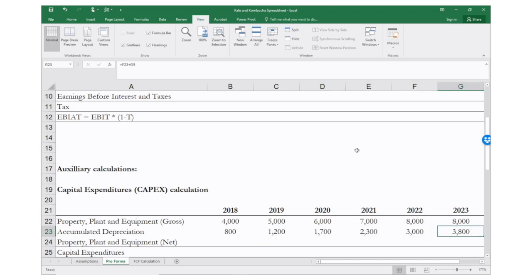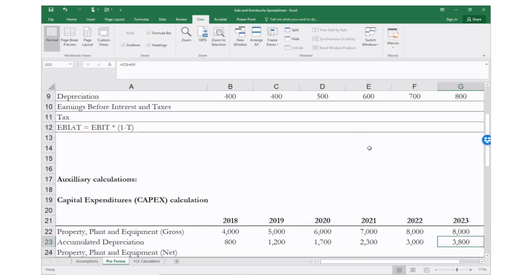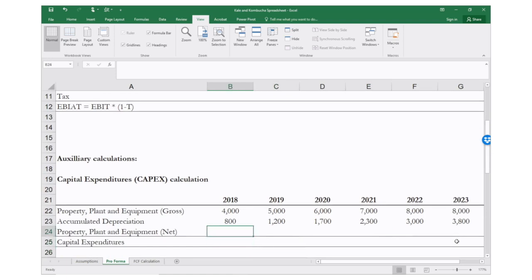And so, for example, in 2023, depreciation is $800,000. And that is given by what I had last year, which is $3 million, plus that $800,000, means that I've accumulated a total of $3.8 million. That is going to result in the net amount of property, plant, and equipment that the balance sheet of this company would reflect.